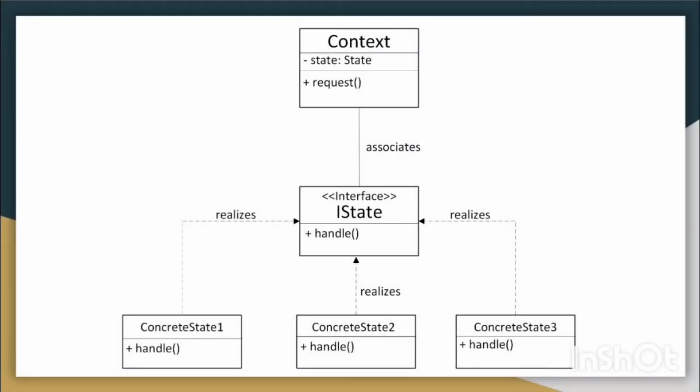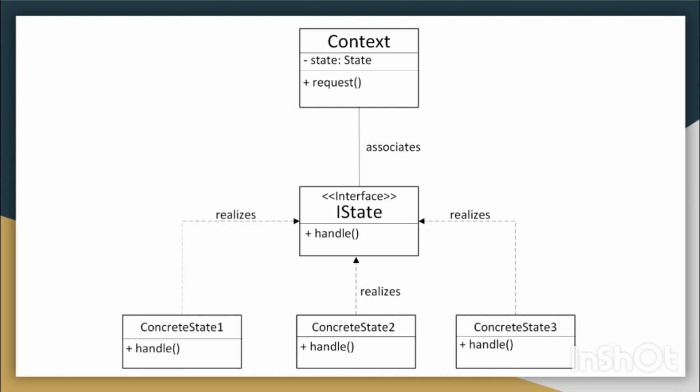Let's take a look at a very general UML. What's happening is that we have the context class at the top, and then there will be a state interface, and then we'll have all those concrete states. Here, yes, there are three states, but it could be any number.